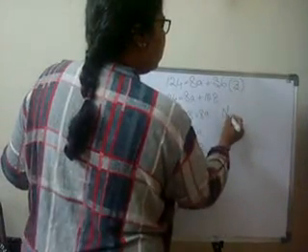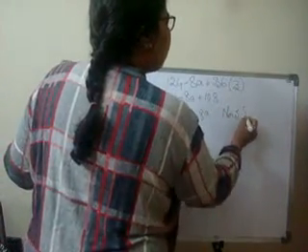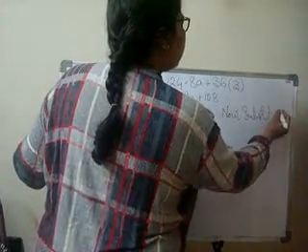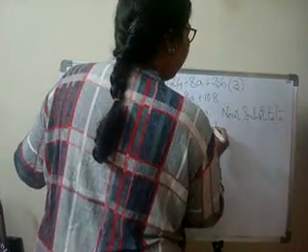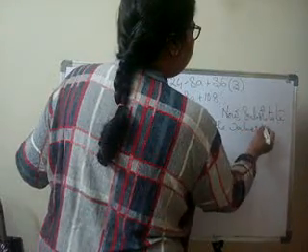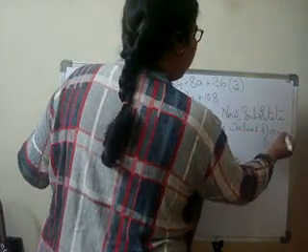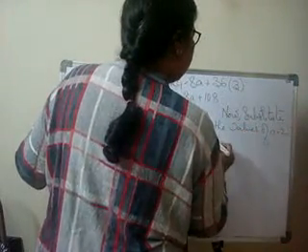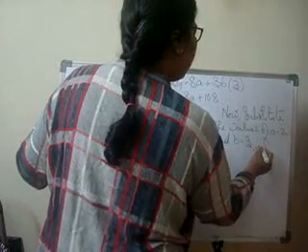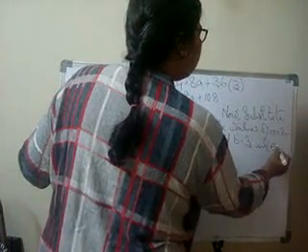Now, substitute the values of a is equal to 2 and b is equal to 3 in equation 1.